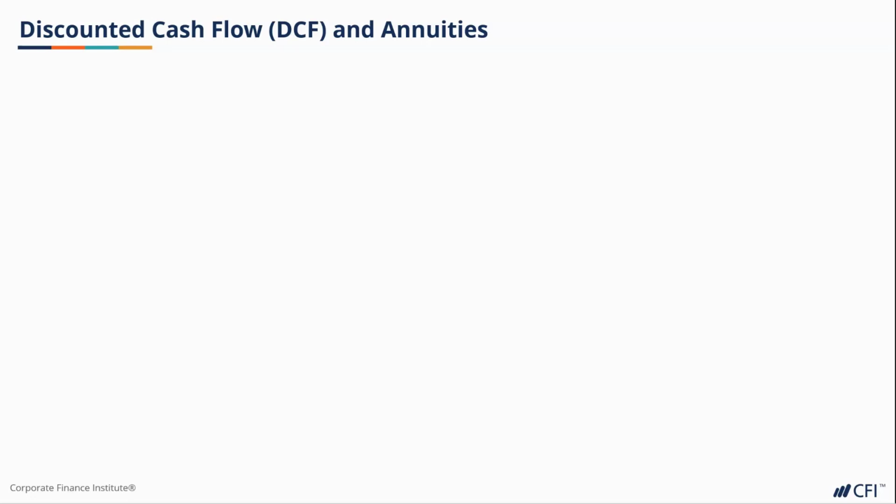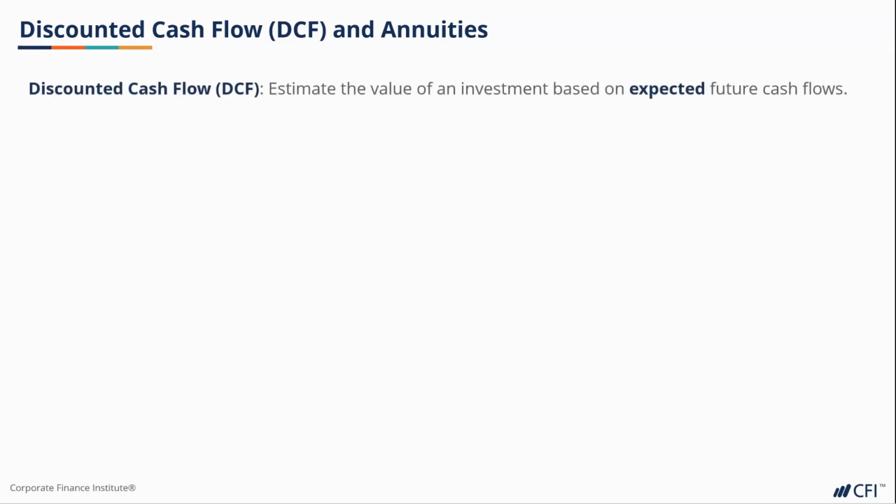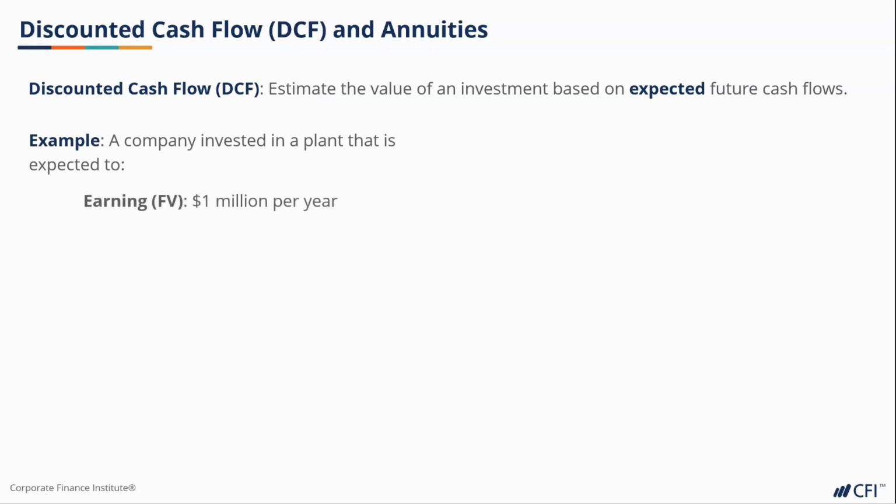Building upon our new knowledge of annuities, we can examine the concept of discounted cash flow, or DCF. DCF gives us a way of estimating the value of an investment based upon the expected future cash flows. For example, a company might be looking to invest in a new project and may want to see how much money it will bring in over the life of that project.